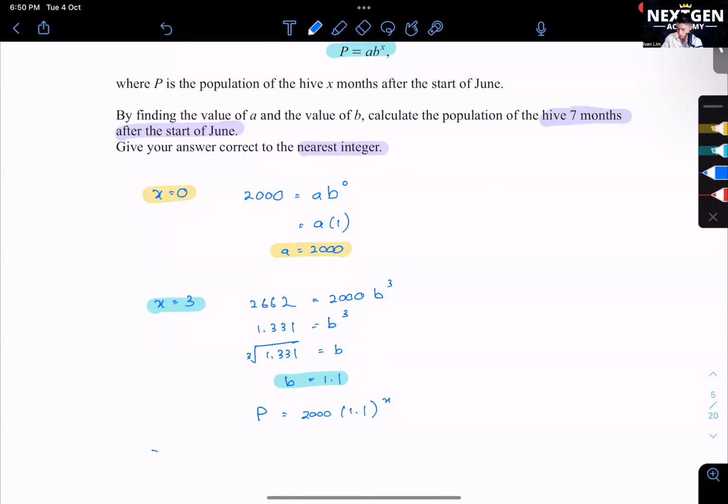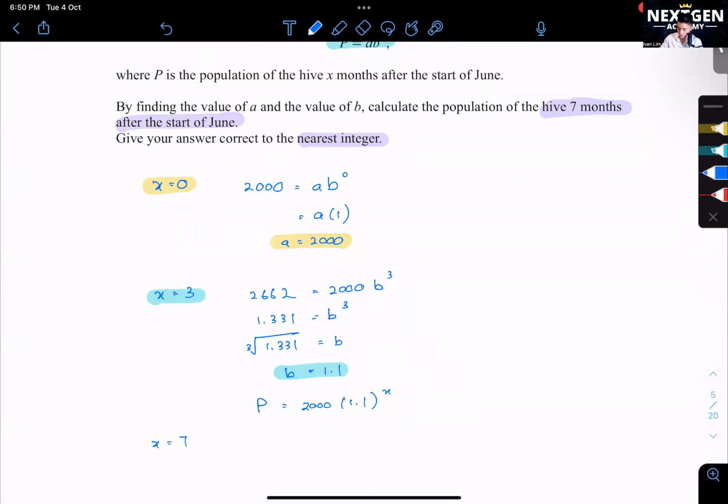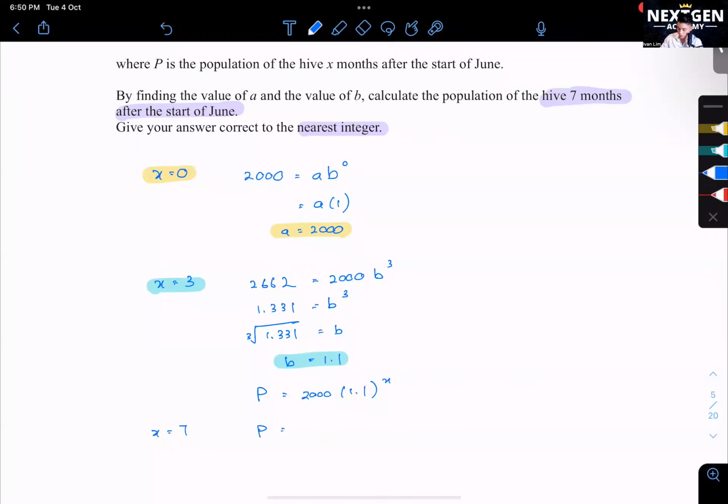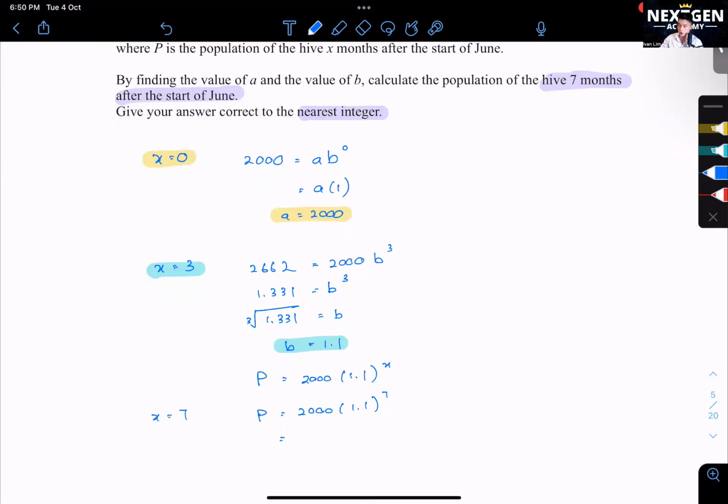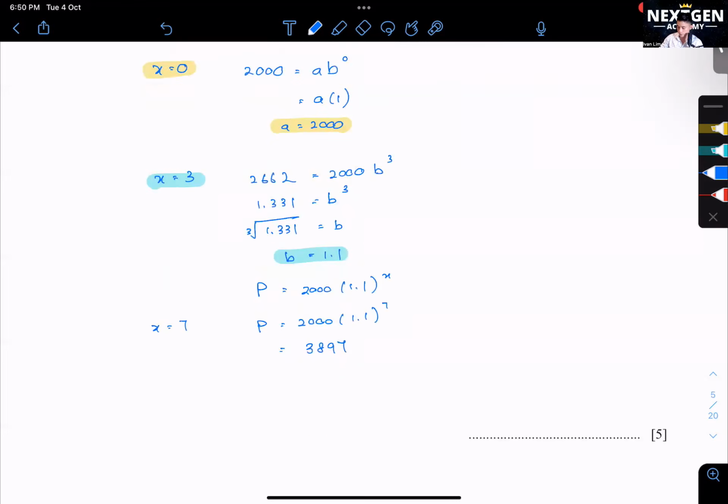So you just need to substitute X equals 7. Therefore, P equals 2000 times 1.1 to the power of 7. Just type in the calculator. They want it to the nearest integer, so you need to write it as 3897.